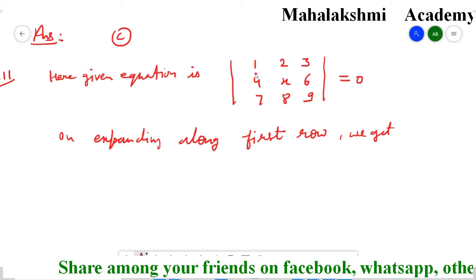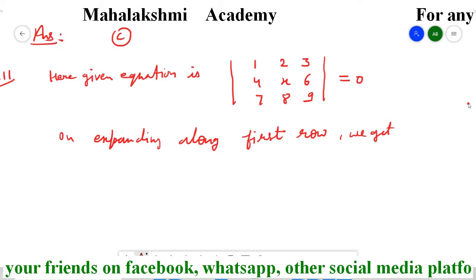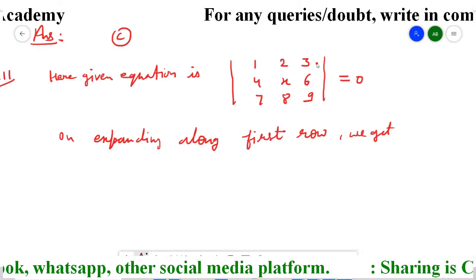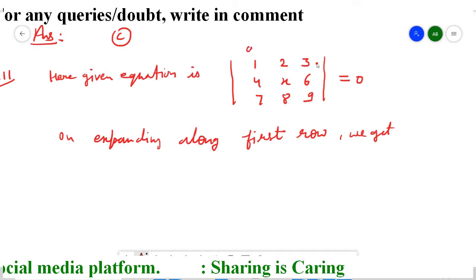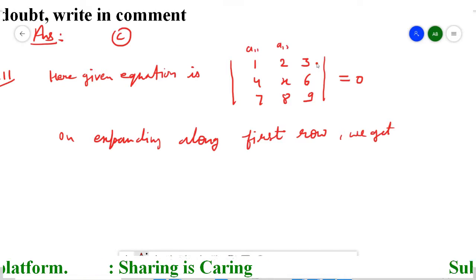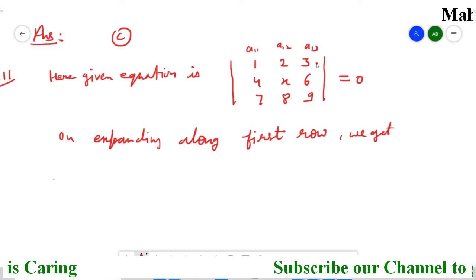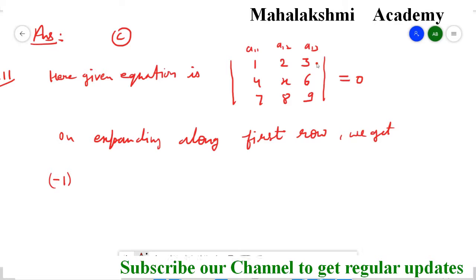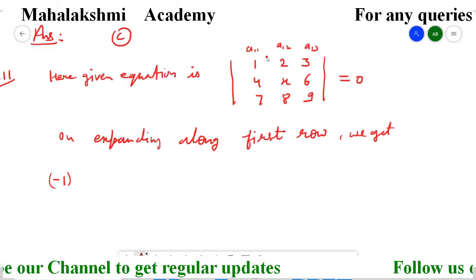I already explained to you why these signs are coming. I am just writing here the positions of these numbers. That is, student, this one is your A11, this one is your A12, and this one is your A13. So when we expand it, the proper method is this. First we have to put the sign, whether it is going to be positive or negative.